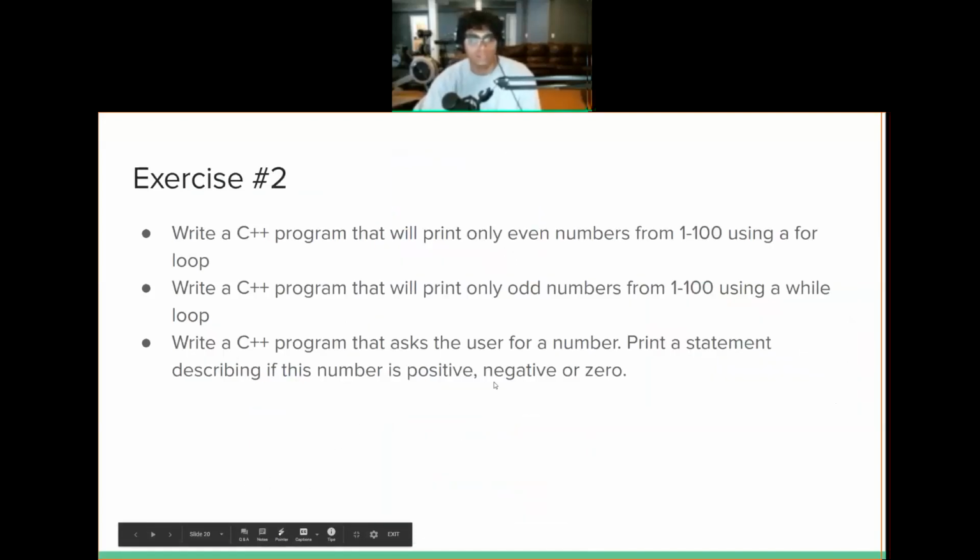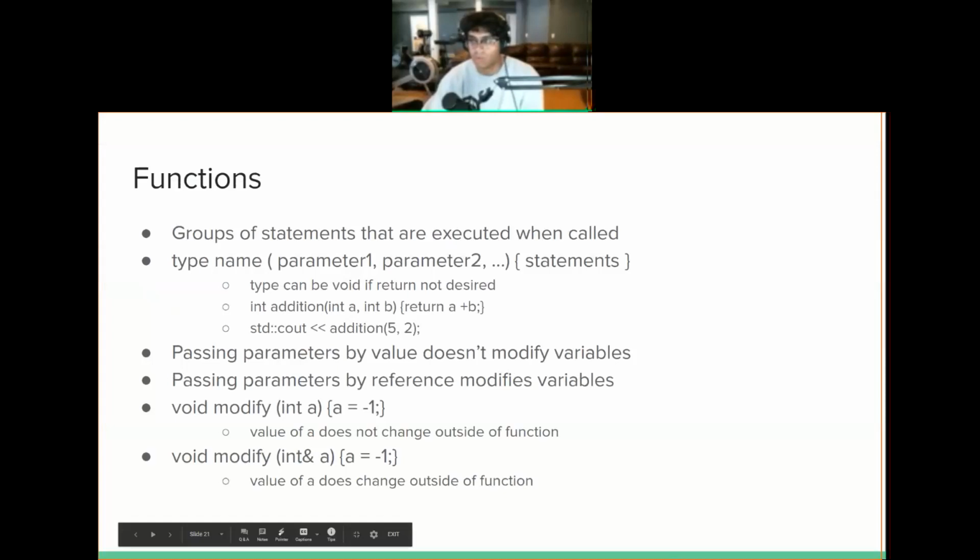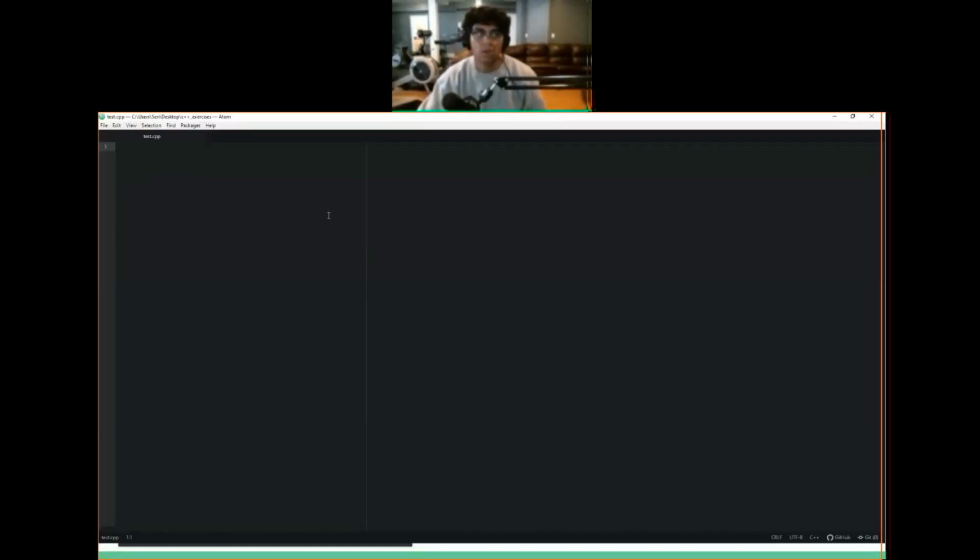So now we're going to write some example exercises using these control structures. So our first program is going to print only even numbers from 1 to 100 using a for loop. So I'm going to bring over my notepad. So we want to print even numbers.